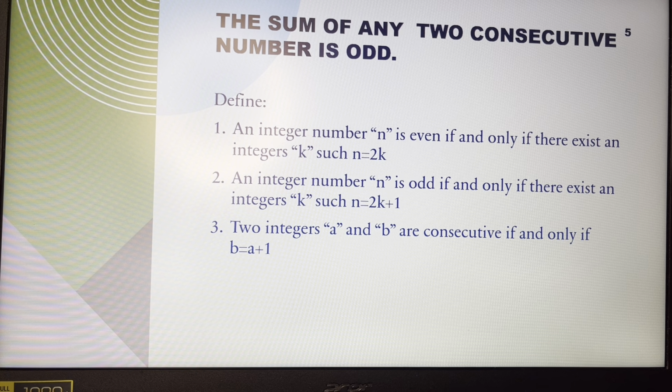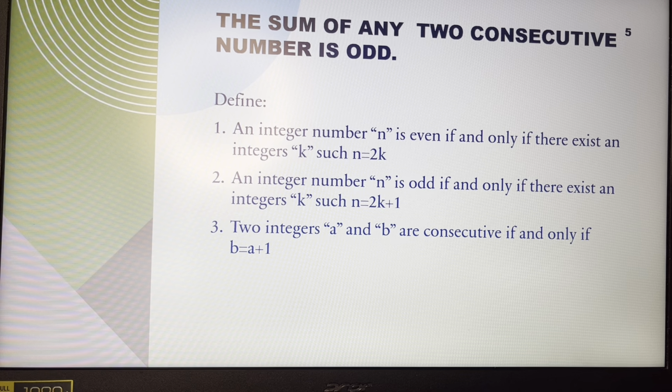Second, an integer n is odd if and only if there exists an integer k such that n equals 2 times k plus 1. We can also define that 2 integers a and b are consecutive if and only if b equals a plus 1.